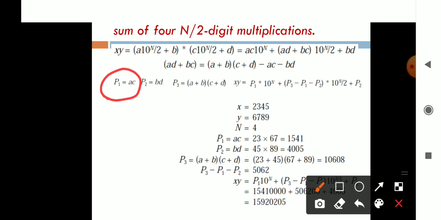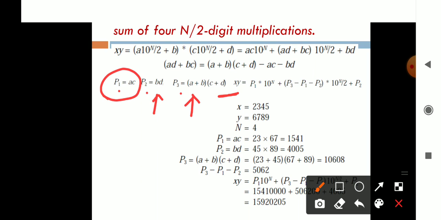P1 is nothing but AC, P2 is B multiplied by D, that is BD, P3 is A plus B multiplied by C plus D. After that we multiply these two numbers, that is xy, where we put this P1, P2 and P3. So let's start with that equation.